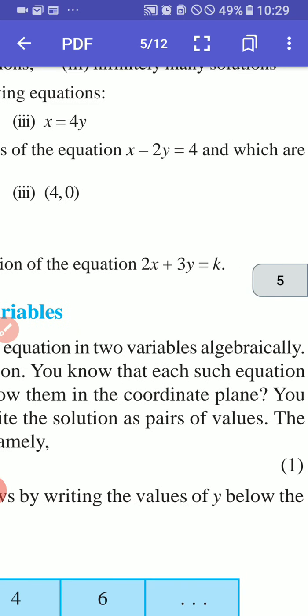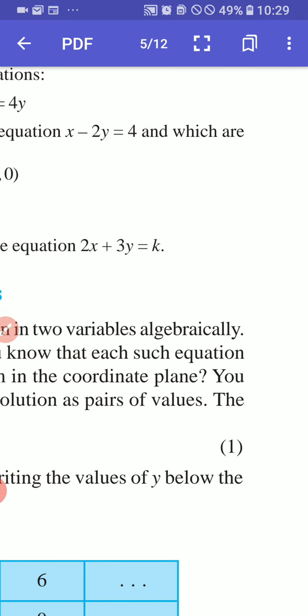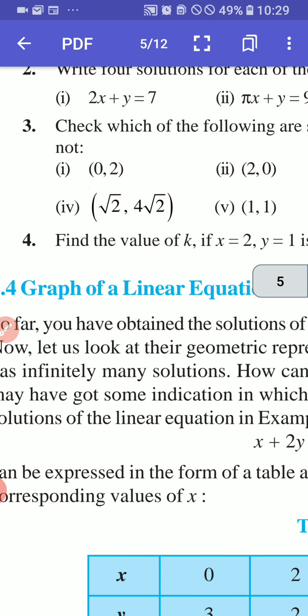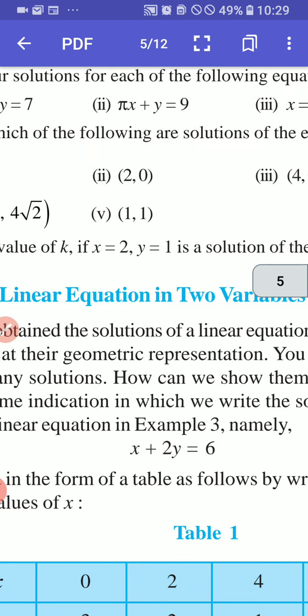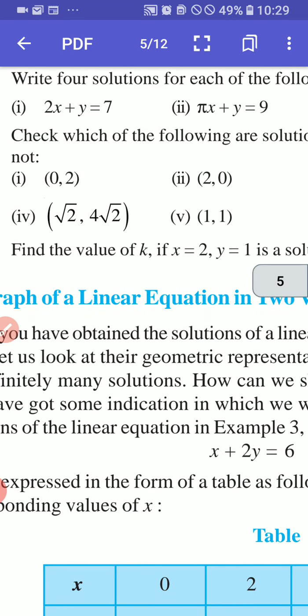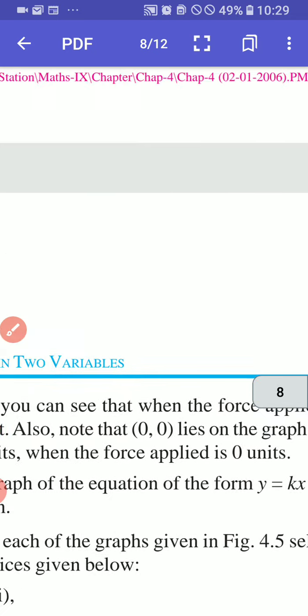Satisfying the given equation means if I will put value of x and y from a given value, if in case I will get the right hand side, the corresponding values will be a solution of a system of linear equation. Let us check for first part.